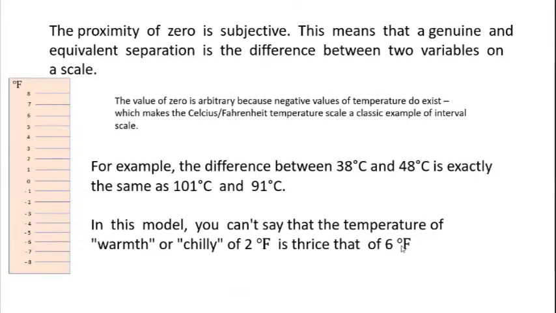Why? Because we're not allowed to divide to get the ratio between these two. We're just allowed to get the interval or the difference. So if you take the difference, it would be just 4 degrees Fahrenheit, but you would not report it as thrice the temperature. Okay, so kindly remember that.